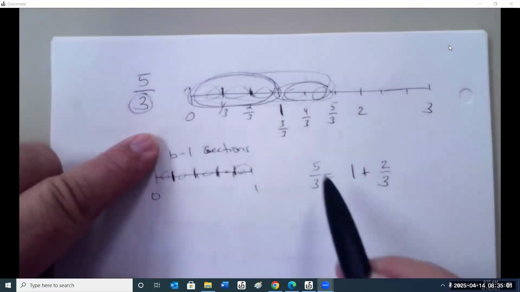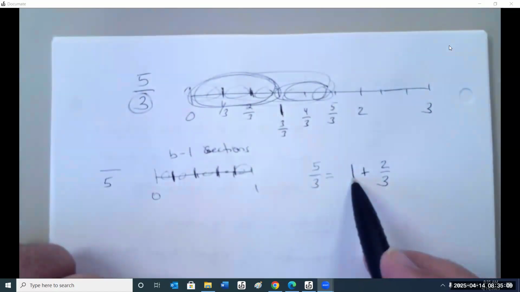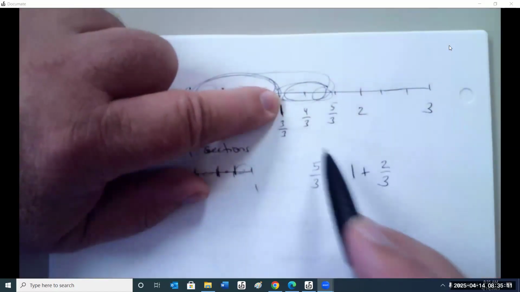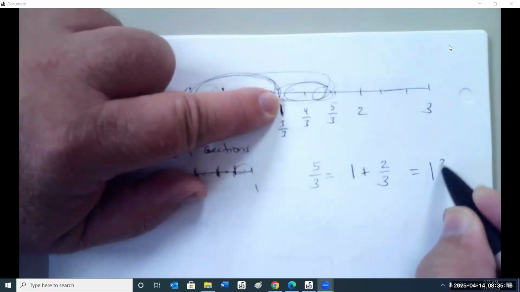So whenever you have an improper fraction, you'll go past an integer or multiple integers. However many you pass, you have to put that number down. And then the last set, you'll see how many parts are in there. So your answer will be that.